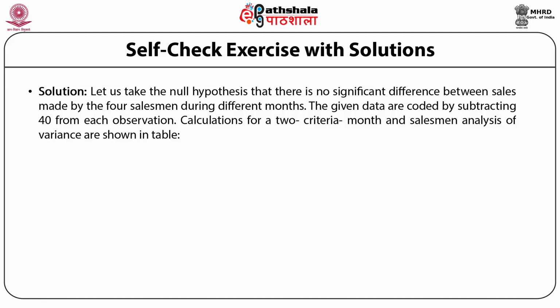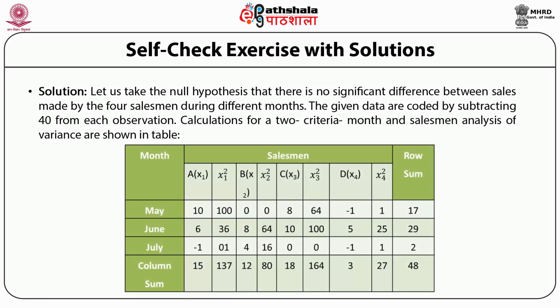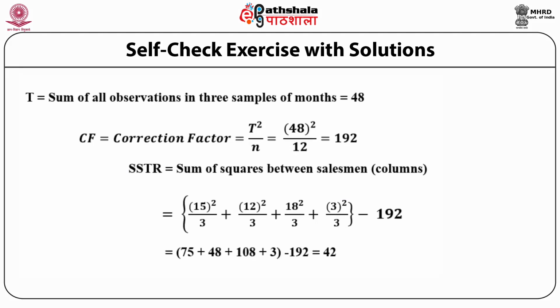The given data are coded by subtracting 40 from each observation. Now, the calculation for the two criteria, that is month and salesman, analysis of variation, is shown in the table. On one side it is the salesmen, their sales, and on the other side you can see the month. Here T is the sum of all the observations in the 3 samples of months.